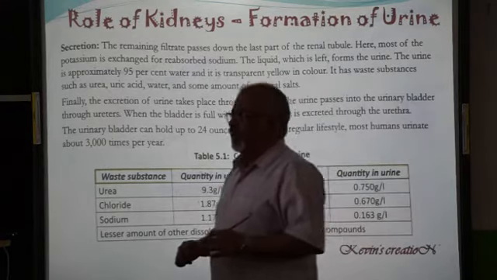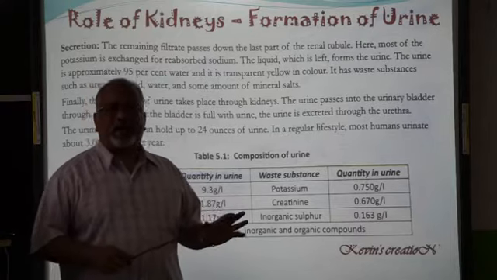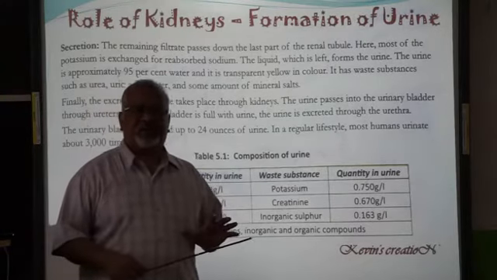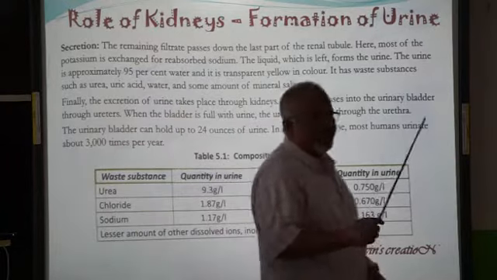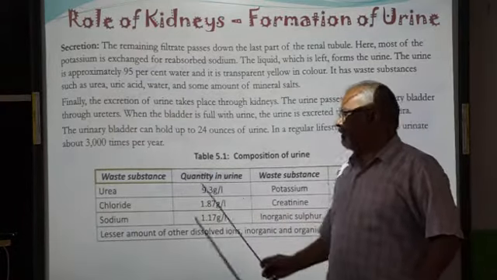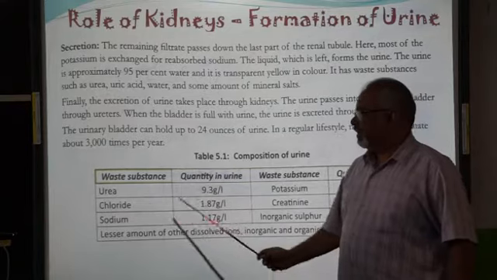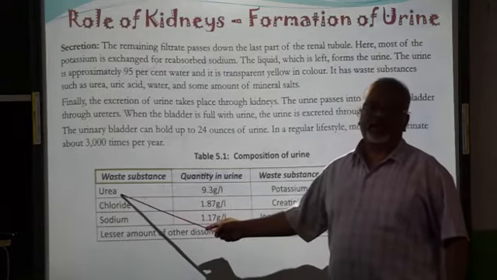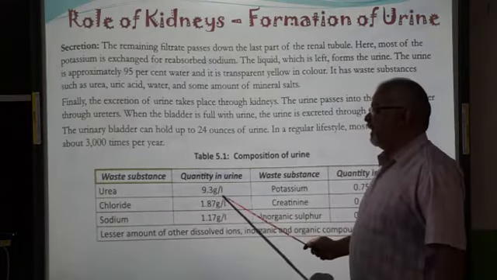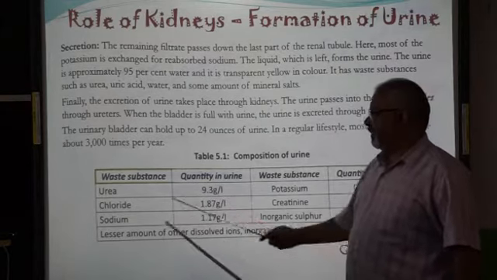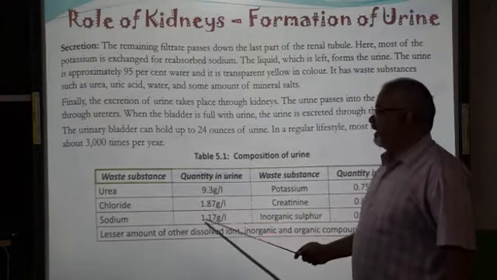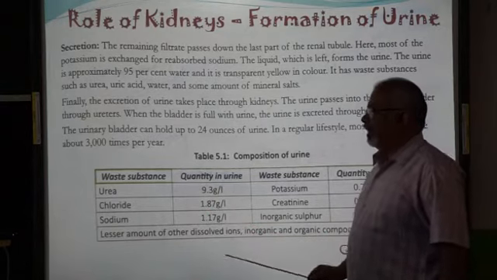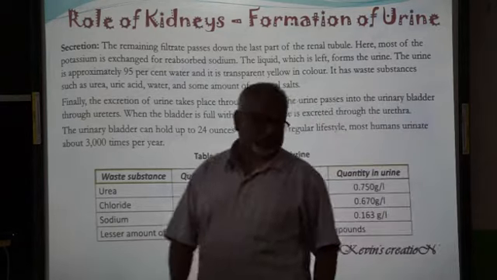Now this urine contains 95% water and 5% waste products. What are these 5%? So, the composition of urine, given per liter. You have urea, which is very poisonous, 9.3 grams per liter. Chloride and sodium, that is 1.87 and 1.17 grams per liter.